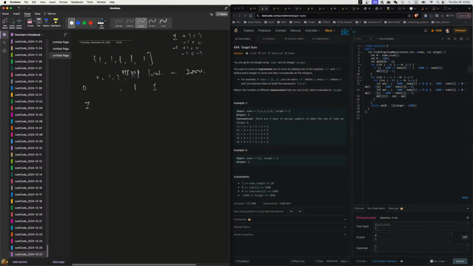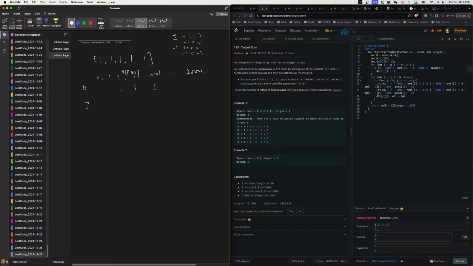Hold on. j minus 1000 is what? j minus 1000 is the actual value. Minus nums[i] is the value. Right, but the value needs to be converted back to the index. Value converted to index is plus 1000.